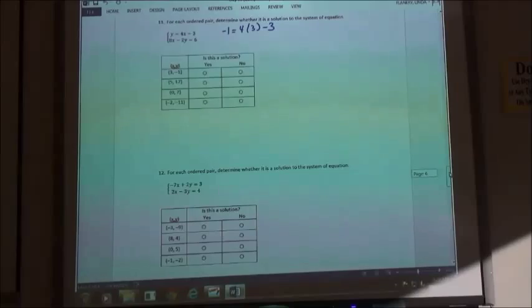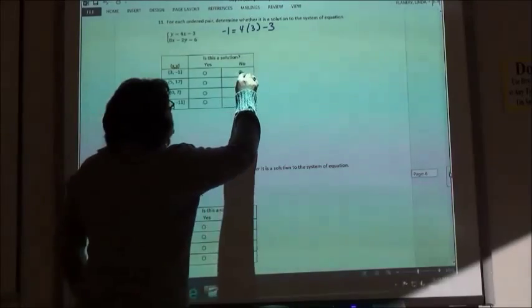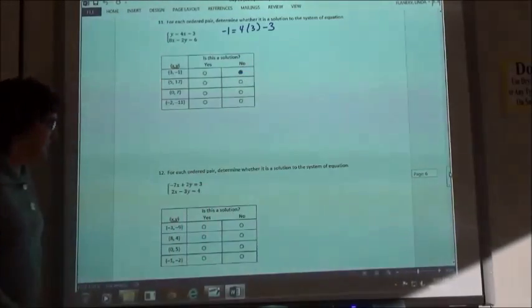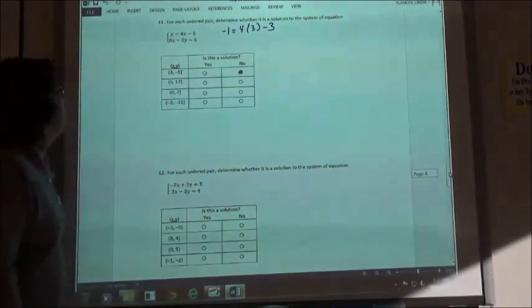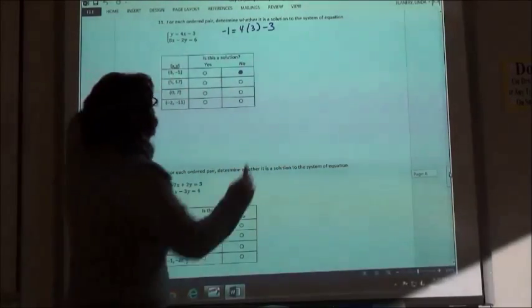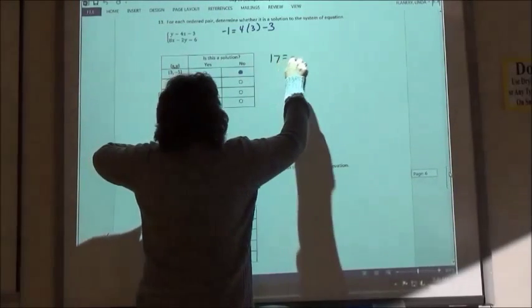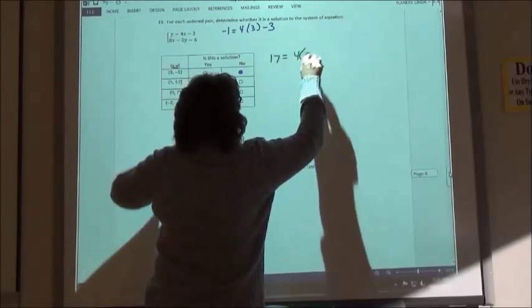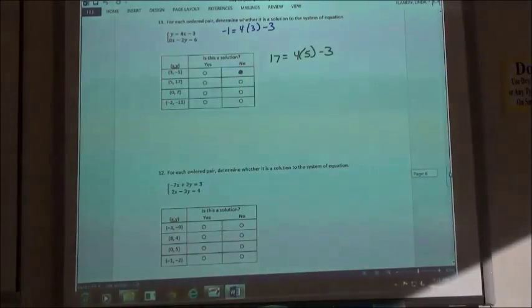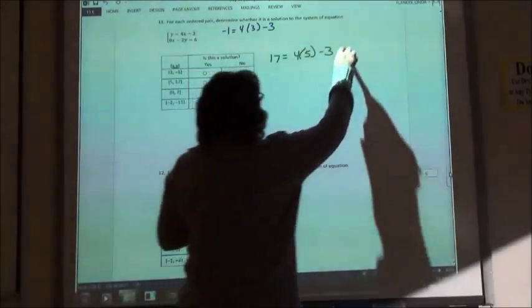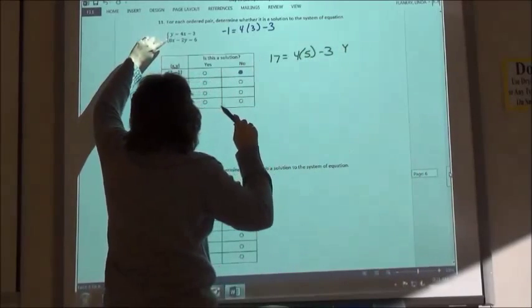No. Nope. Since that's a no, I'm not even going to bother checking that second equation. So I'm going to go to the next point, where we're using 5 and 17. 17 in for the y. Does that equal 4 times 5 for the x minus 3? That one's a yes. So since this is a yes, I've got to check my second equation.